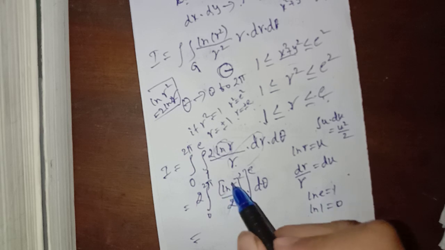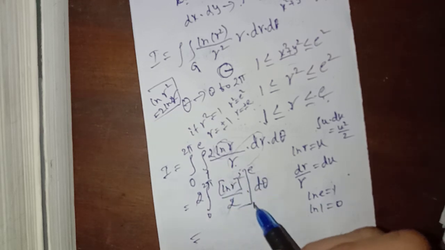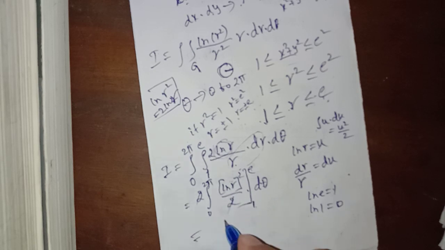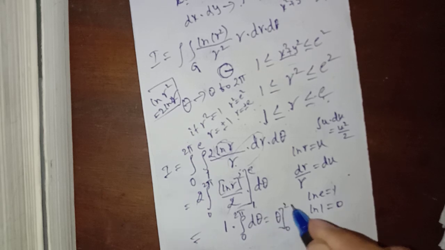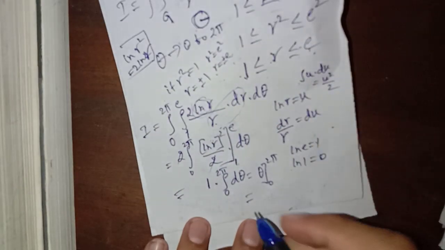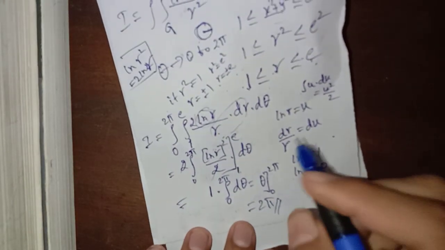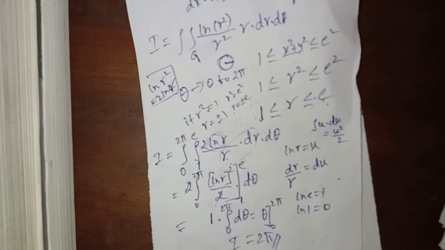So 1 square minus 0 is 1, so we get 1 into the integral from 0 to 2 pi of d theta. This is equal to theta from 0 to 2 pi, that is equal to 2 pi. So the final answer for this integral is 2 pi.